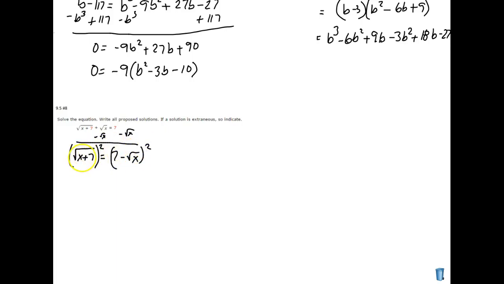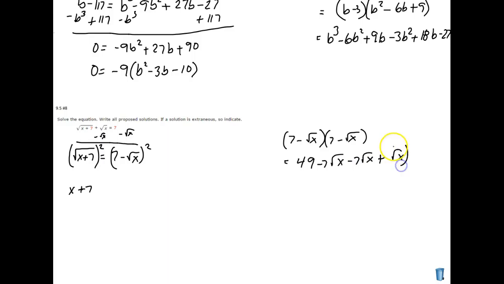Now on this side, the square root, the square, those cancel. So I have x plus 7. But over here, I have more than just a square root. I have the 7 minus square root of x. Now remember, when we square it, we're multiplying it times itself. So what I get here is 49 minus 7 square root x minus 7 square root x, and then a plus the square root of x squared, because I'm multiplying it by itself.